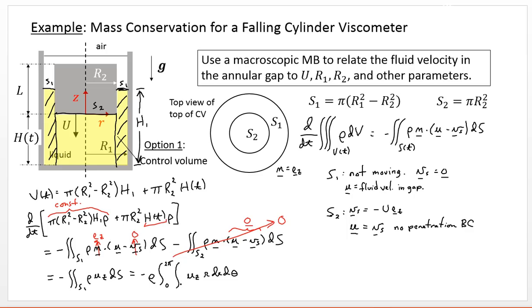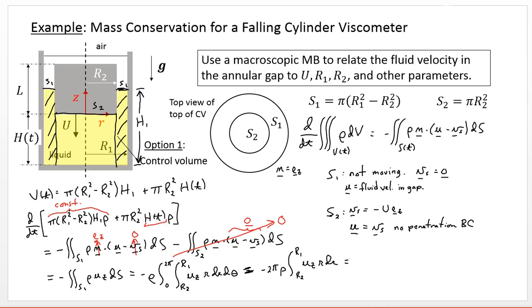The inner surface is r2. The outer surface is r1. And so this is equal to, we can do the integral over theta, since there's no theta dependence on this thing due to symmetry. So we get minus 2 pi rho times the integral from r2 to r1 of uz r dr. And this is then equal to what remains from the first term.